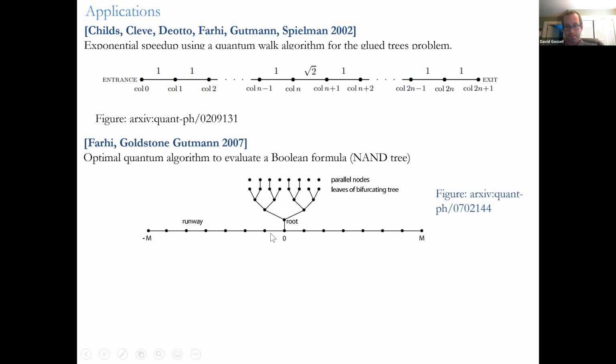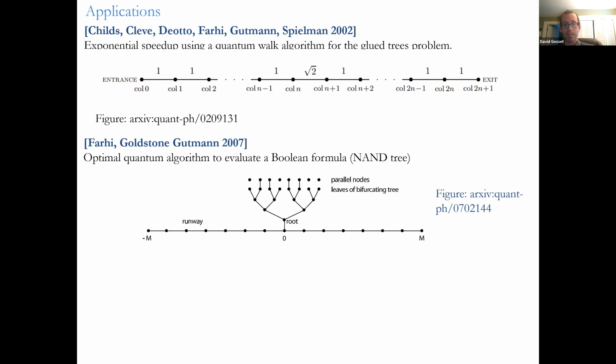The obstacle is designed so that if you prepare a wave packet on the left and send it towards the graph with a very specific choice of momentum, then if the output of the NAND tree function is 0, the wave packet will reflect. And if the output is 1, then the wave packet will transmit. So the whole thing is designed so that the scattering off of this obstacle at a certain momentum evaluates the function that you care about.